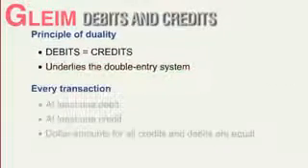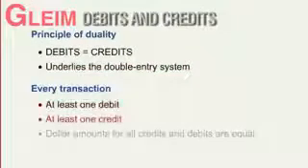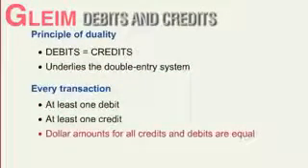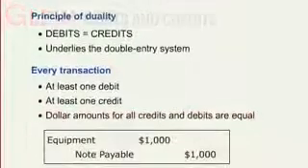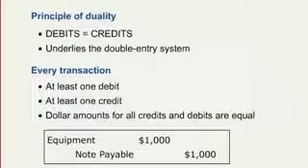Every transaction must have at least one debit and at least one credit, and the total dollar amounts for all debits and all credits must be equal. In the computer example, the debit is $1,000 to equipment in assets, and the credit is $1,000 to notes payable in liabilities. The remainder of Study Unit 4 explains T accounts, journal entries, ledgers, and trial balances.